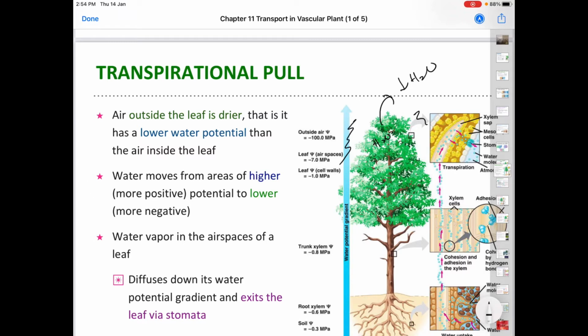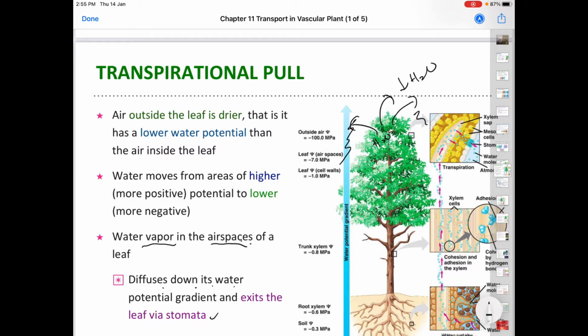Now the water vapor in the air spaces of the leaf, referring to the interstitial tissue of the leaf: when the water starts releasing out through transpiration, in order to replace the released water, the water vapor in the air spaces will diffuse down its water potential gradient and exit the leaf via stomata.